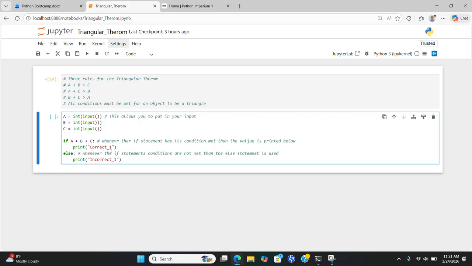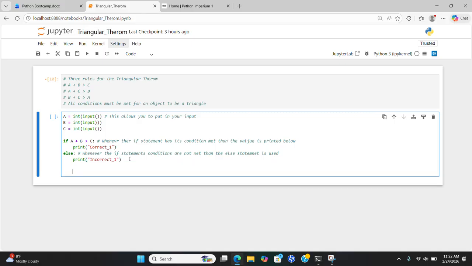So when I actually put the inputs in and have all my code in, you'll see what I mean by this. So suppose A plus B is not greater than C, then the else statement is used. And this basic idea is what you do for all three rules. So I'm going to do that.